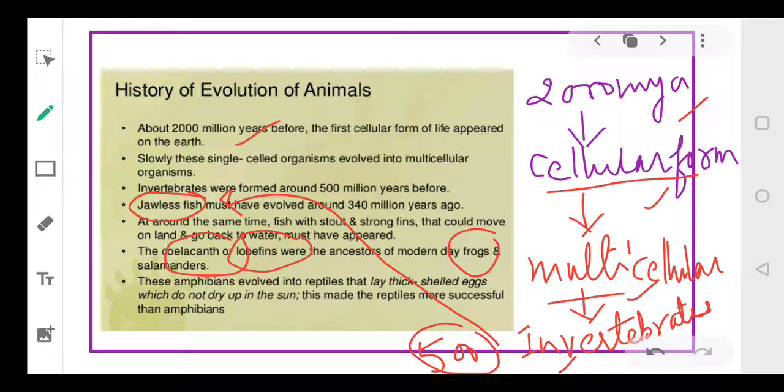Among them, the lobe fishes came first. Then amphibians formed reptiles, and those reptiles laid thick shelled eggs, so that they do not become dry in the sun. So from amphibians, reptiles were formed.